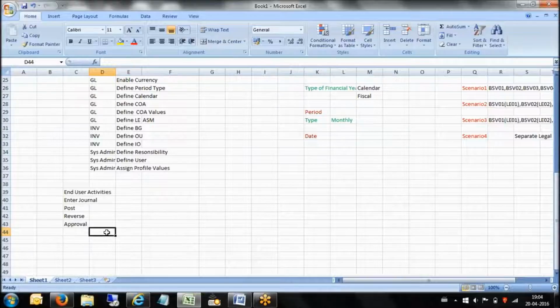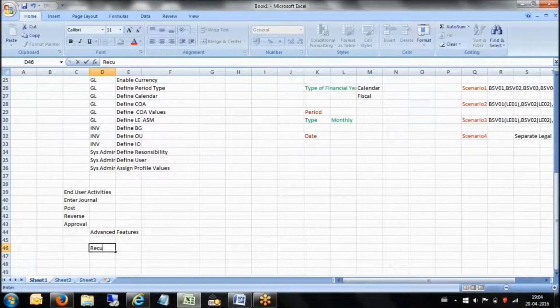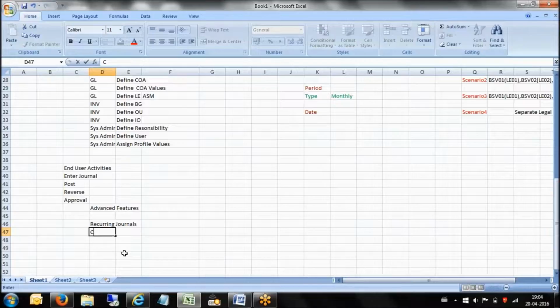Now advanced features which can be used by one business, another may not use. Recurring journals. Then cross validation rules. We call them CVRs. And then security rules.